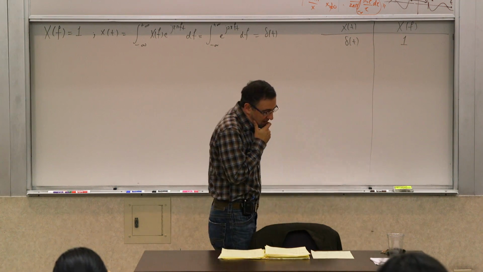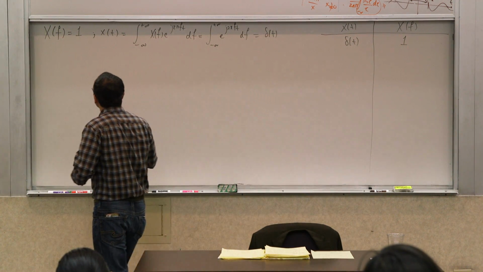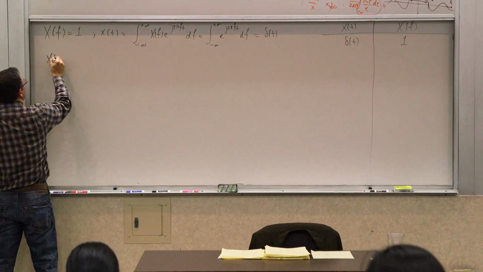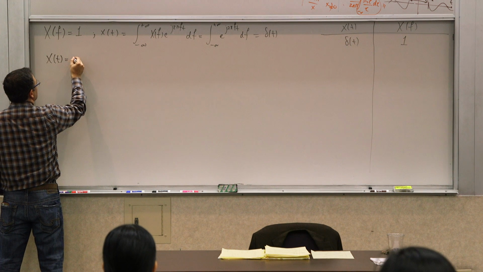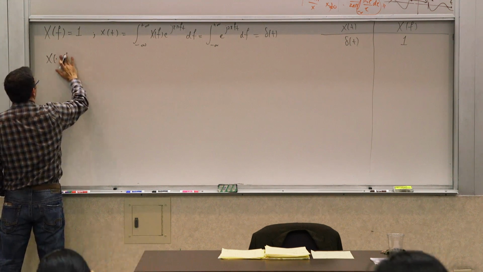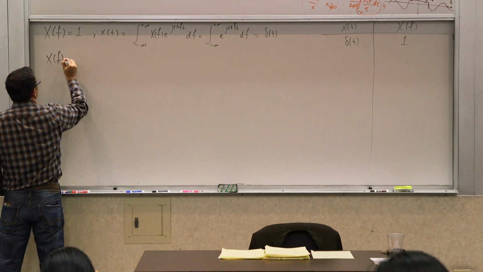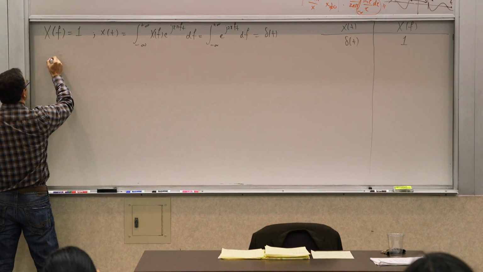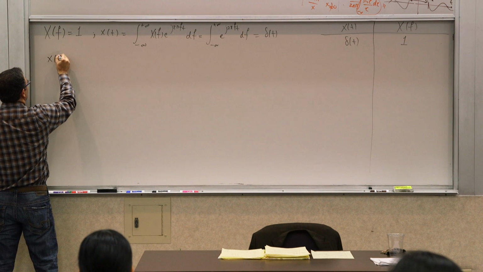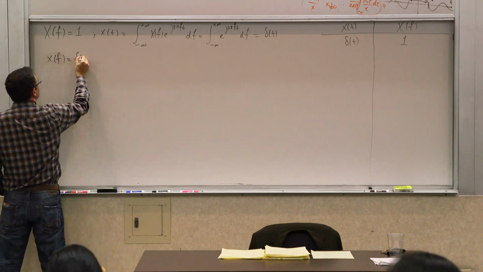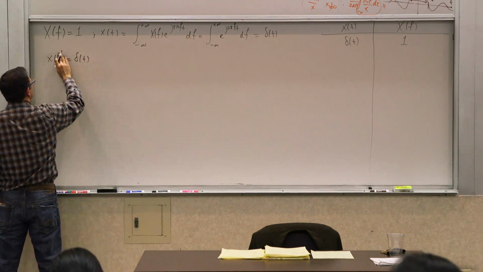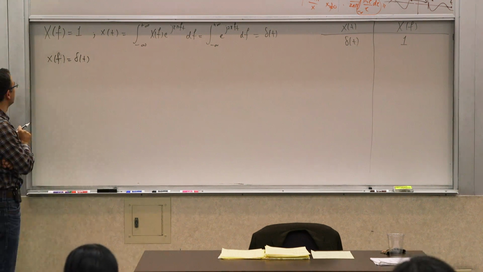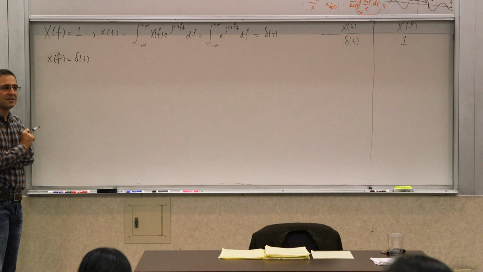So that's fine. But now let me ask you another question. What if x of f is delta? So now this is the opposite. This is a little bit different, right?